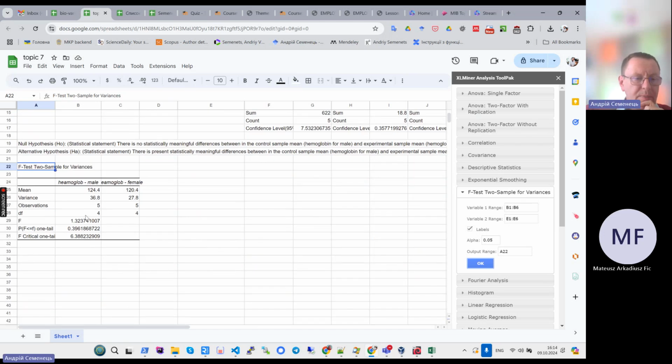So here is this. What I have to use, Fisher test and F critical two-tail. Okay, we have F value, F less than F critical. So we are talking that variance is equal.